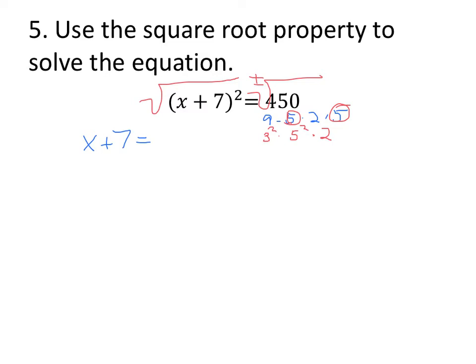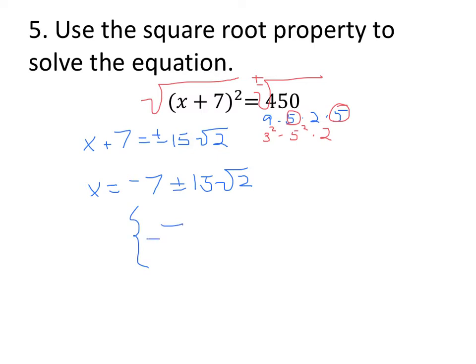So we can pull out the 3 and the 5, and we get that x plus 7 equals plus or minus 3 times 5, which is 15, square root of 2. So now all we have to do is subtract 7 from both sides, and x equals negative 7 plus or minus 15 square root of 2, which you could then put in these brackets.